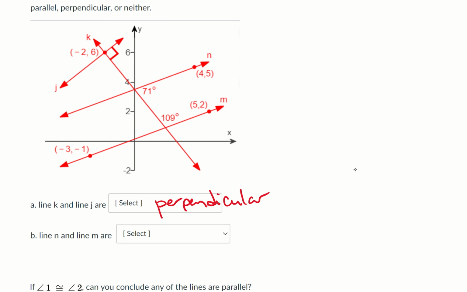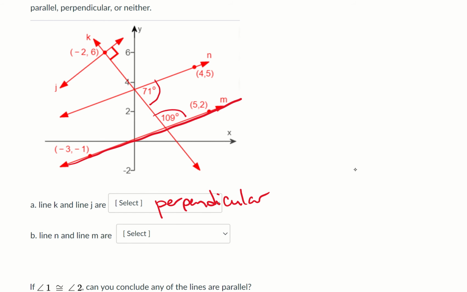Line N and line M. So if you look at these 2 lines, they kind of look parallel. How do we prove that they're parallel? Well, if you want to prove that they're parallel, you're looking at these 2 angles.